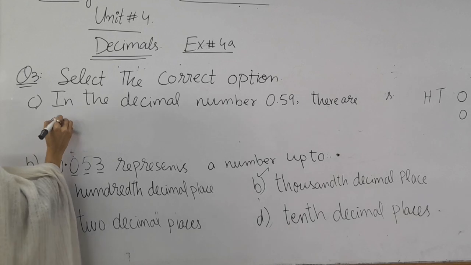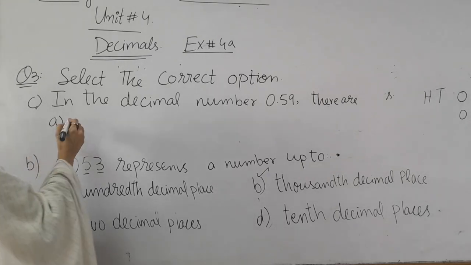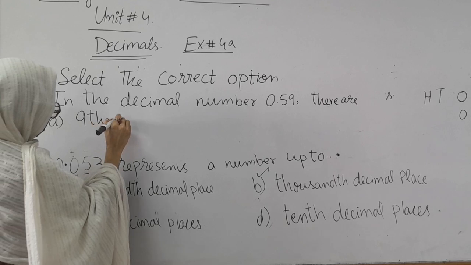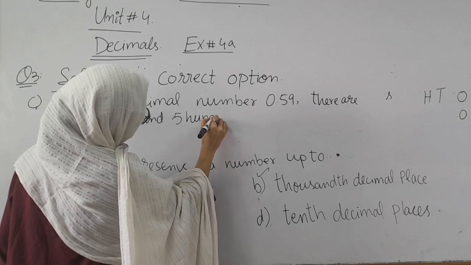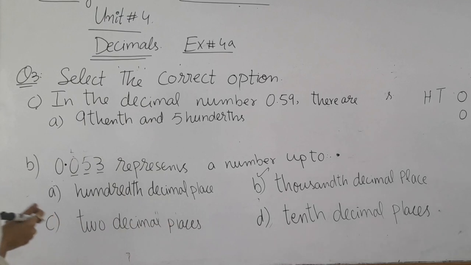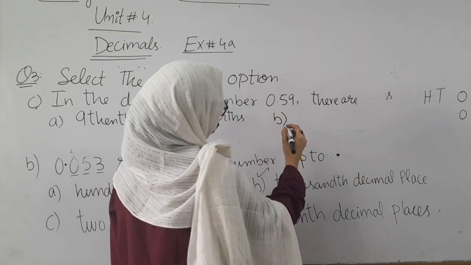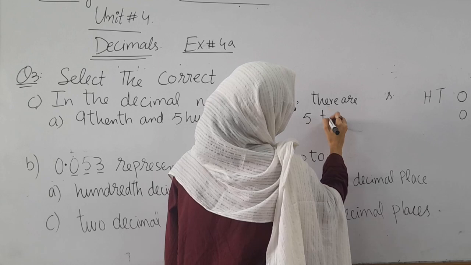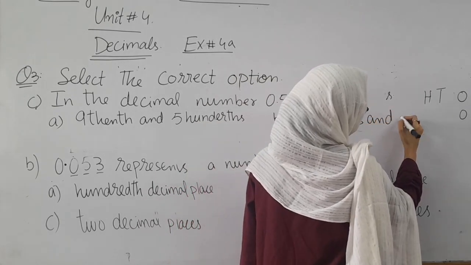The options are: in A part, 9 tens and 500s, 9 tens and 500s, 9 tens and 500s, 5 tens and 9,000s.